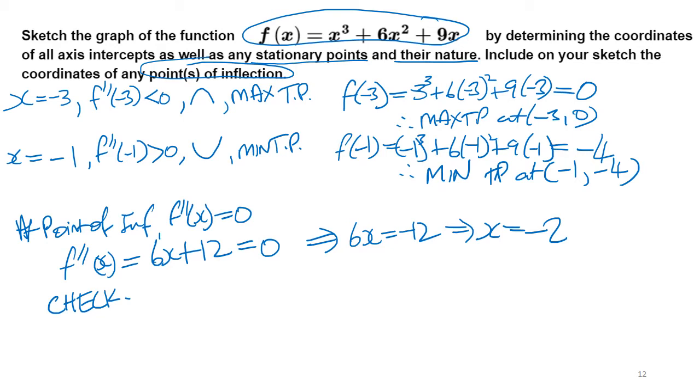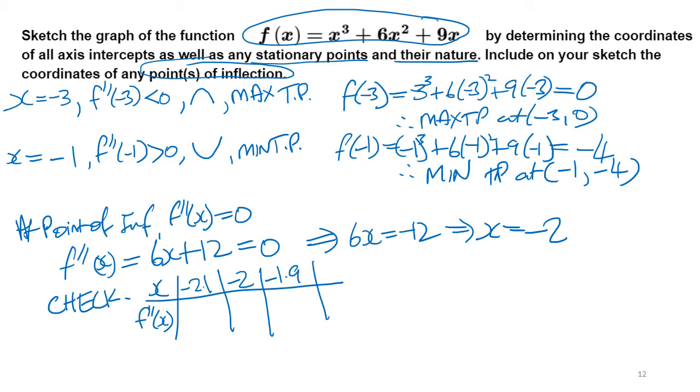So we're going to set up a little table like this. x and then f double dash x. We have negative 2 in the middle. We can go negative 2.1, a little bit smaller than negative 2, and negative 1.9. All right. We know at this point it is 0.